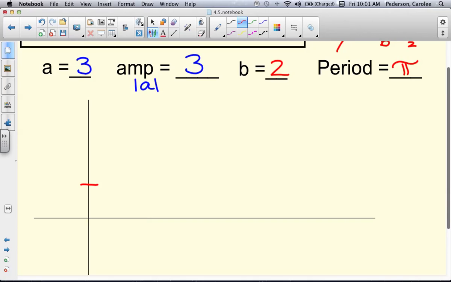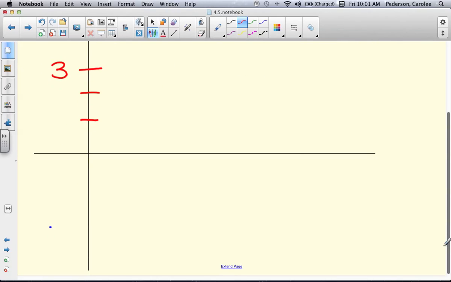I'm going to graph 3 up, and then I go the other way, 3 down. So my curve has to curve between that distance, from -3 to 3 on the y-axis. Then, there are no shifts left and right, which we don't talk about until the next lesson.